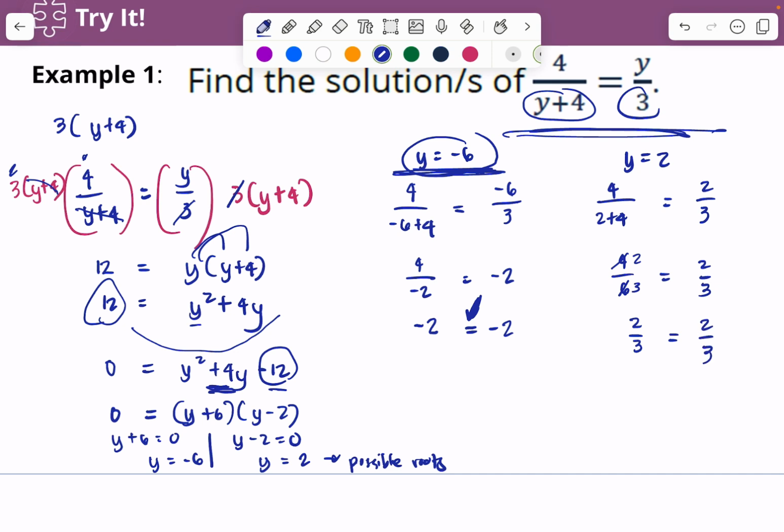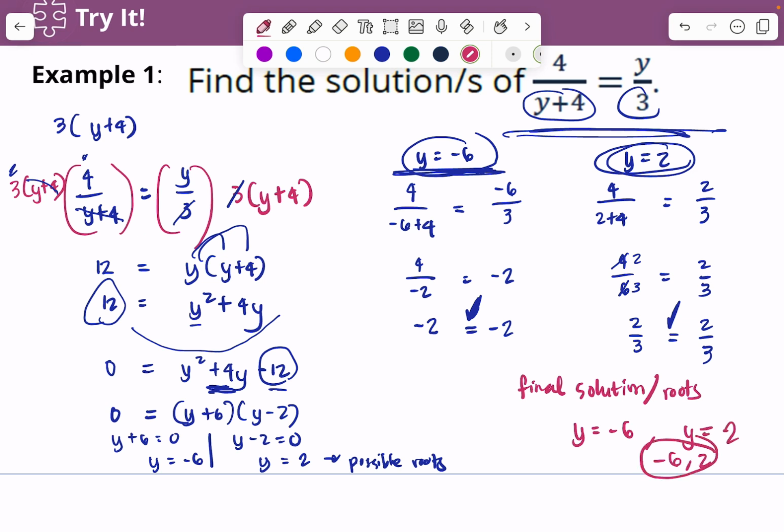Now your solution y is equal to 2 satisfied your given equation. So your final solutions or roots are y is equal to negative 6 and y is equal to positive 2. So these are your final solutions or roots. You don't have an extraneous solution because all of them satisfied your given rational equation.